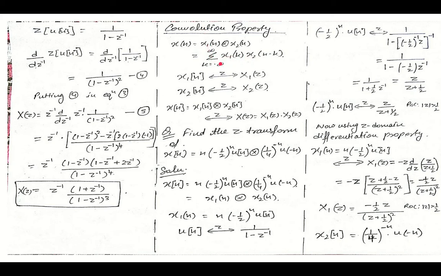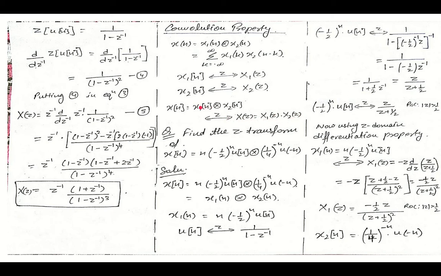Now what the Z transform does is it makes our task of calculation a bit easy. So if I have any signal x1[n] and its Z transform is X1(z), and x2[n] has its Z transform as X2(z), and my x[n] is given as the convolution of x1[n] and x2[n], then its Z transform will be given to us as X(z), which will be nothing but X1(z) multiplied with X2(z).